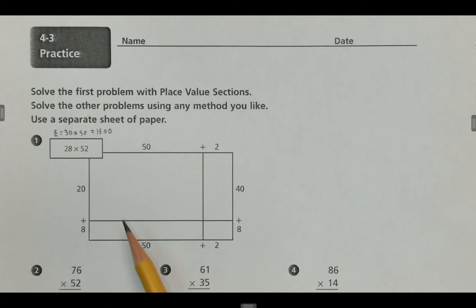And so if we calculate the area of these 4 sections and add them together, that will give us the total area of the rectangle that's 52 by 28. So that's what we'll do.